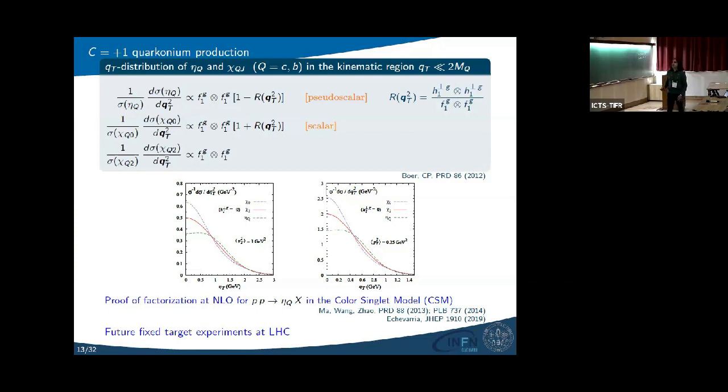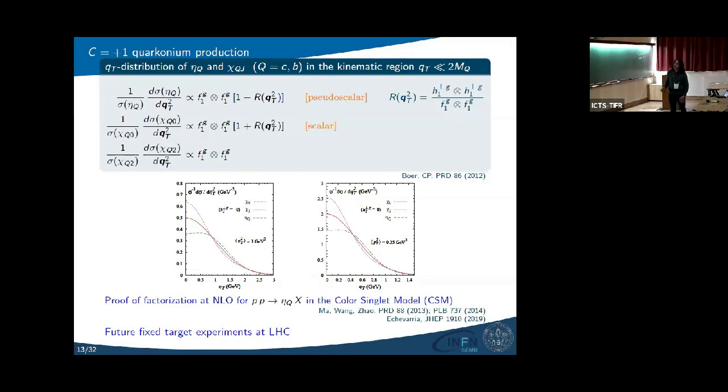So by comparing the spectra of these different quarkonium states, we can see a difference in the behavior at small qT, and hopefully have access to this distribution. Okay, these are very simple estimates using Gaussian input for the TMDs, which are not known.